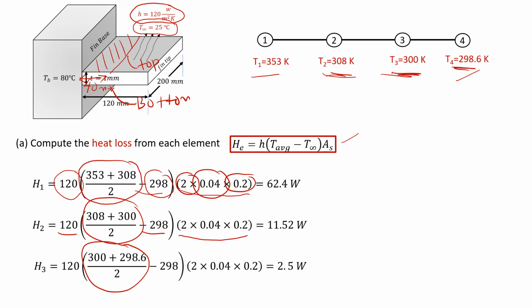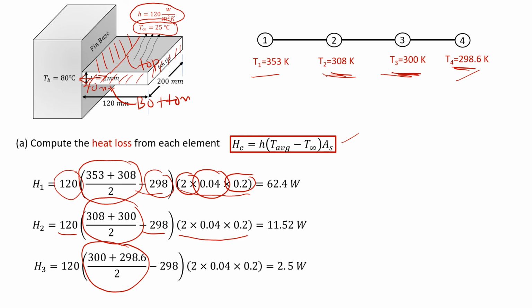Besides that, please take note that in this calculation, we do not consider the side surfaces of the fin as well as the tip surface of the fin, because in this example, those areas are assumed to be insulated.